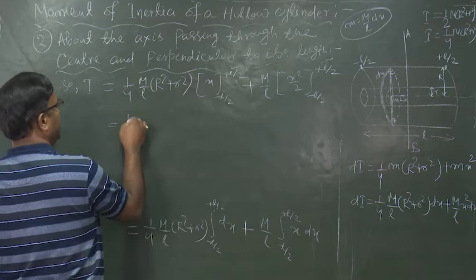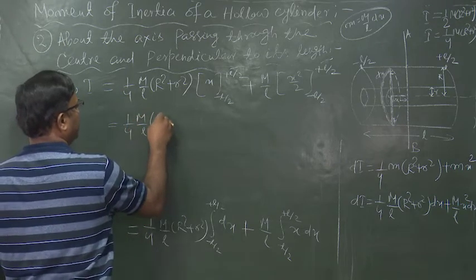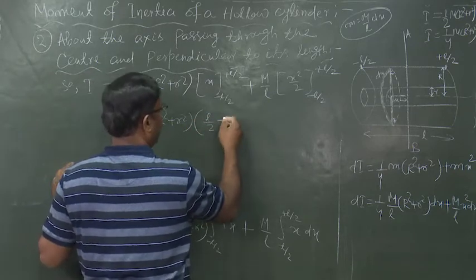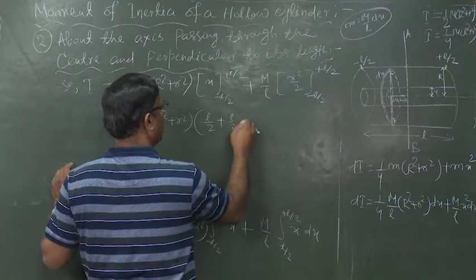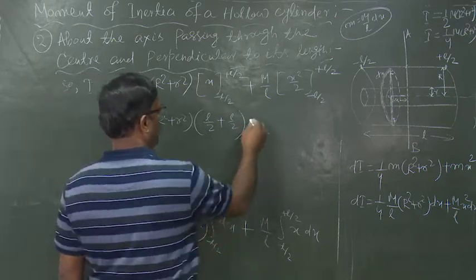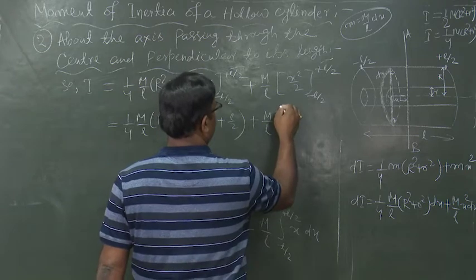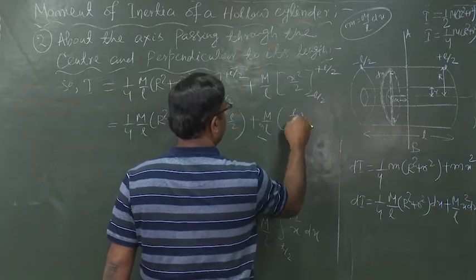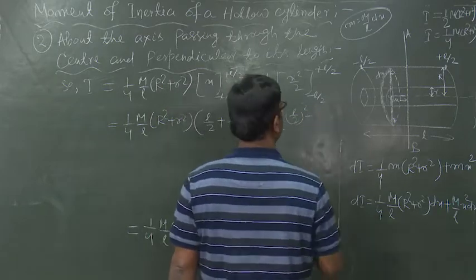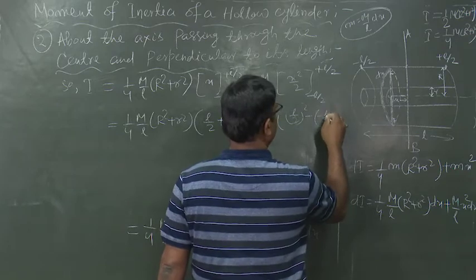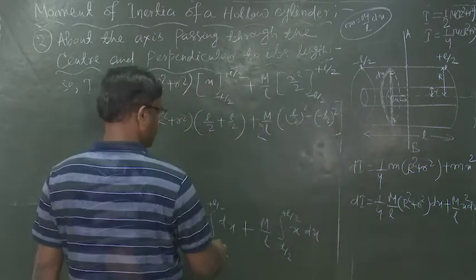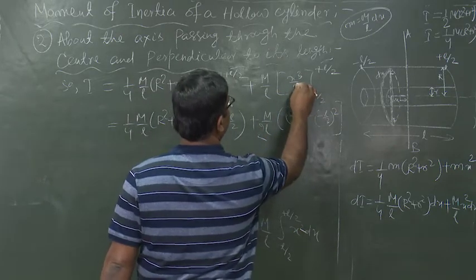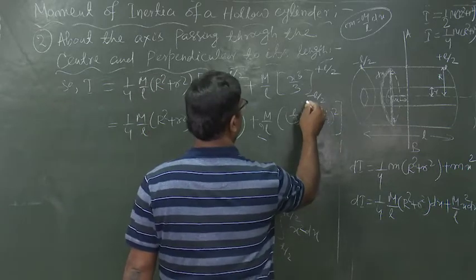So, it can be written as 1 by 4 m by L r square plus r square into L by 2 minus of minus L by 2, it is plus L by 2, plus m by L into, it will be m by 3L, and it will be L by 2 whole cube minus minus L by 2 whole cube.